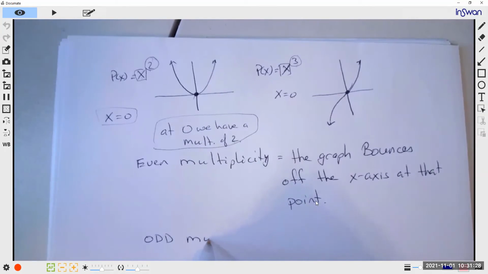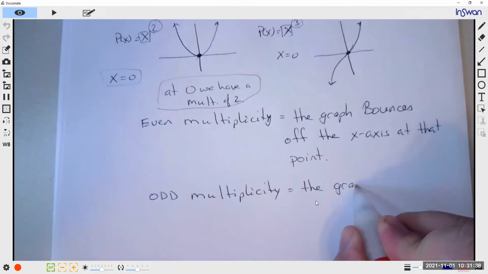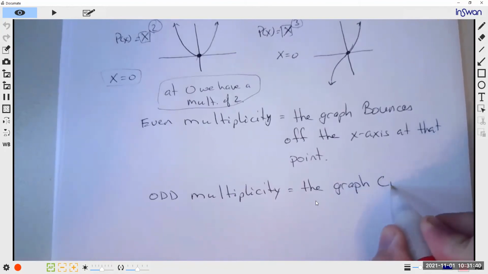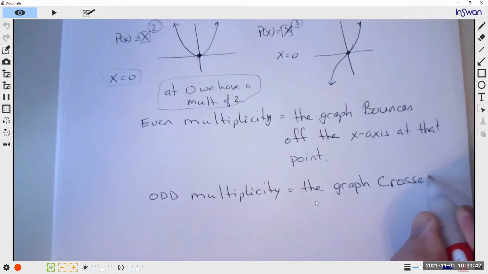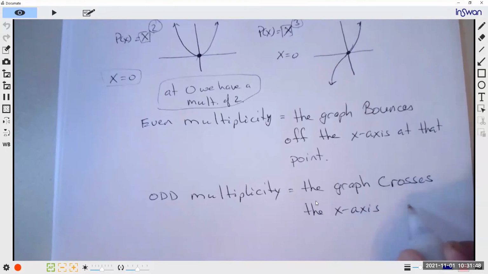So odd multiplicities, the graph crosses the x-axis at that point.